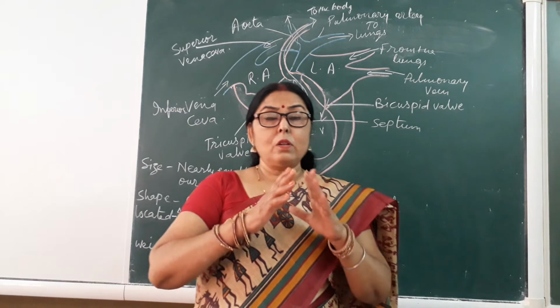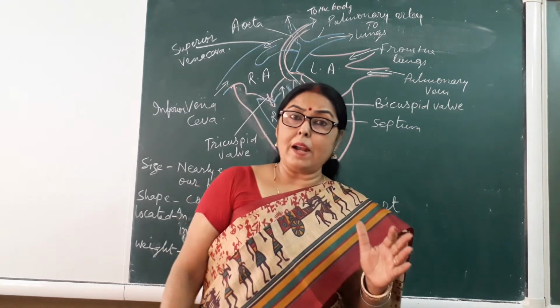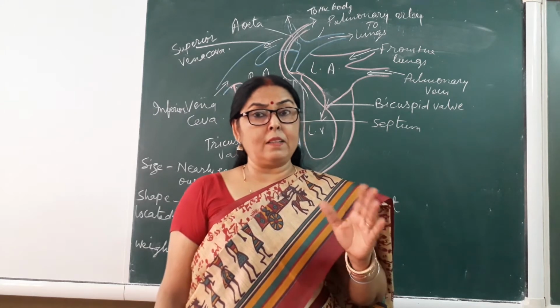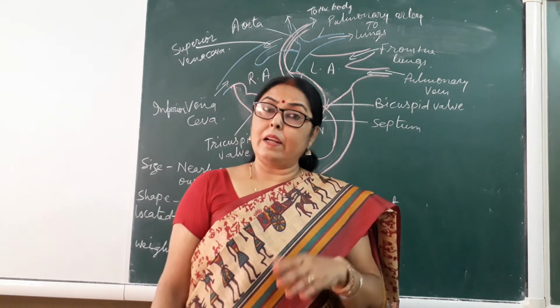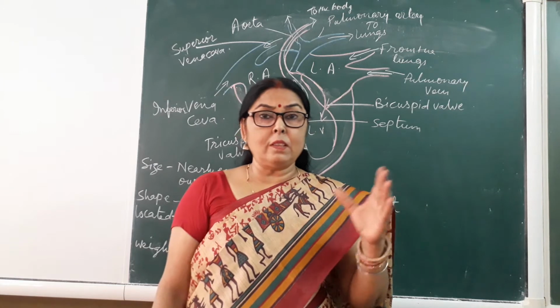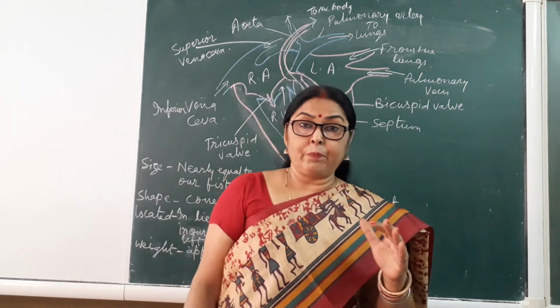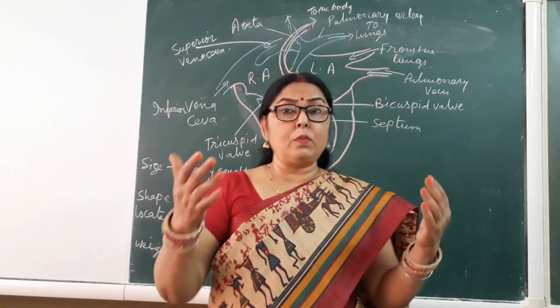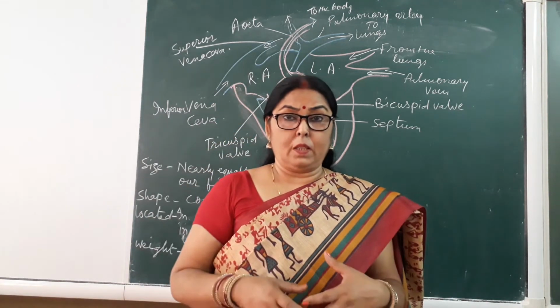So there are two parts of the heart. The right part receives deoxygenated blood, and the left part always receives oxygenated blood. The function of the heart is to receive blood from the body.